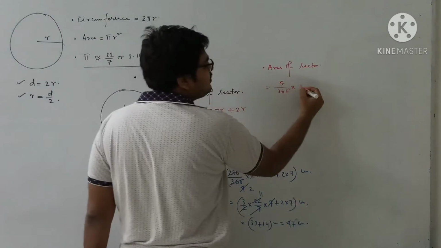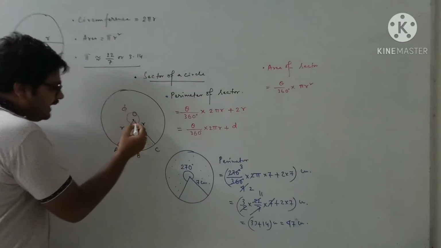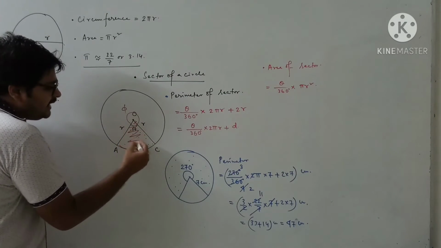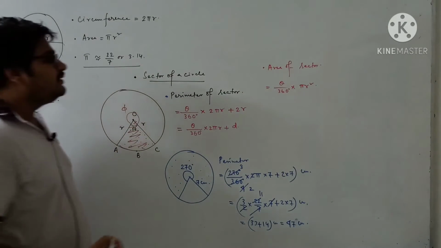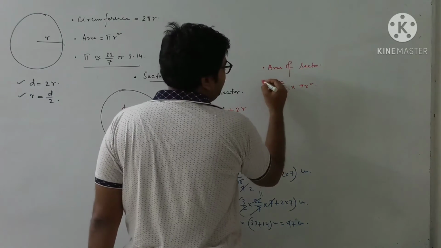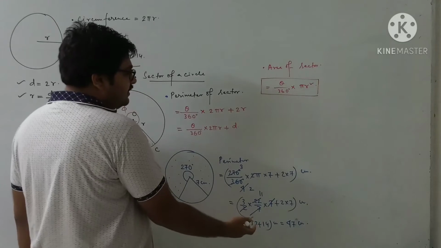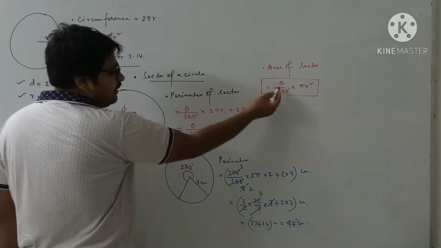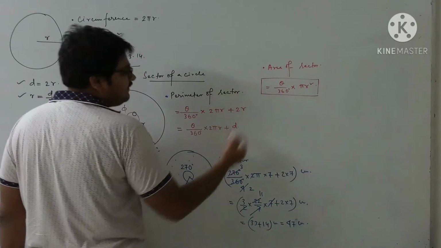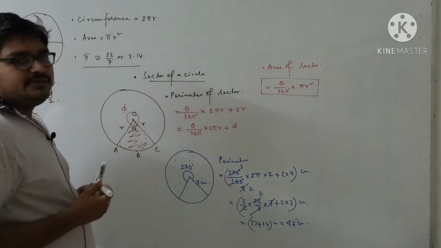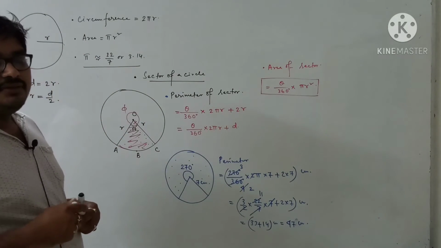So if I multiply by pi r square, then I will get the area of this sector. So this is the formula to find the area of the sector. Here you can apply 270 degree by 360 degree into pi into 7 square, and after that you can do the calculation to find the area of the sector. Very easy thing.